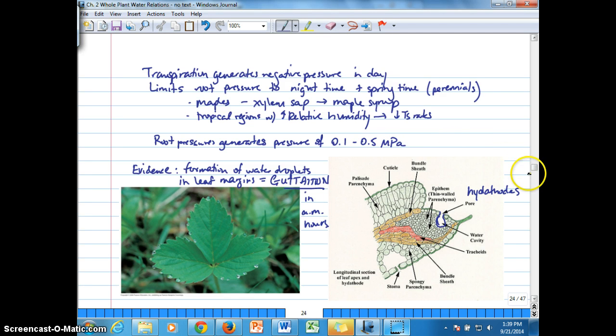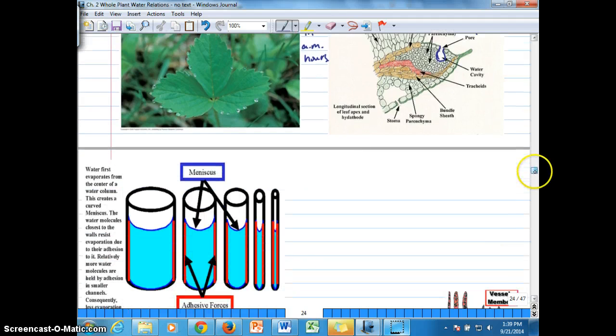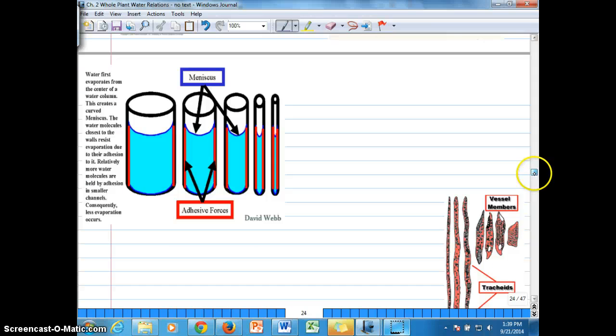So it's limited in its value, but it is important, and we'll see how it helps plants overcome water stress as well. All right, so water is essentially in part pushed up, but how about being pulled up?